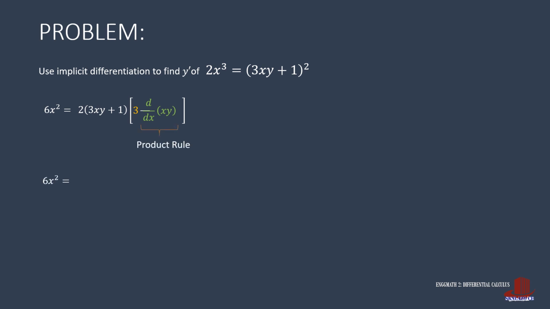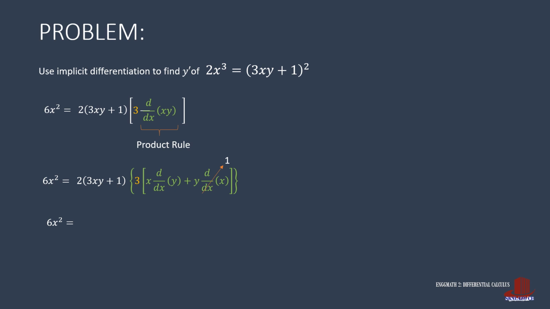So copy the whole bunch of terms from 6x squared and 2 times the binomial, and also the factor 3. Then take the first term x and multiply the derivative of the second term y, plus the second term y with the derivative of the first term x. The second term has dx upon dx, which can be simplified as 1.